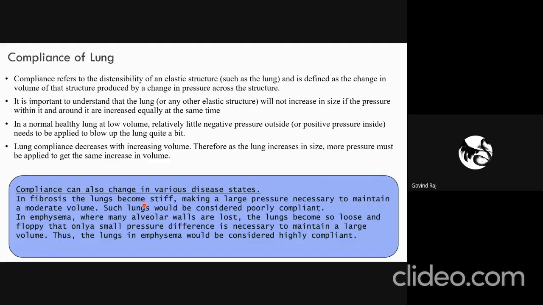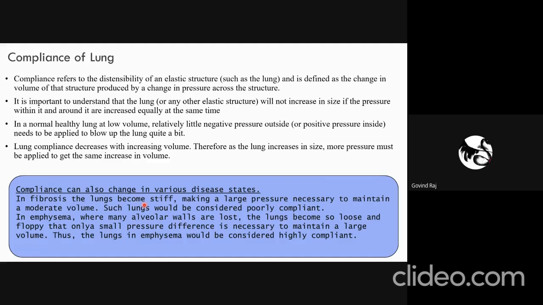The elastic nature of the lungs will gradually reduce, and they will become stiffer. Due to this, we have to apply larger pressure in order to expand or change the volume of the alveoli. Thus such a lung would be considered poorly compliant.